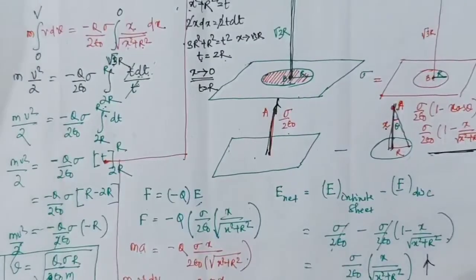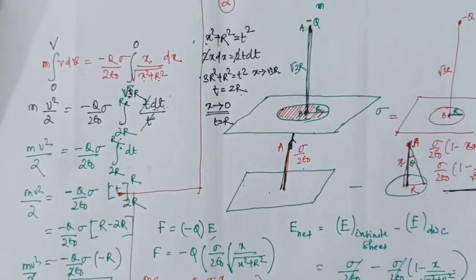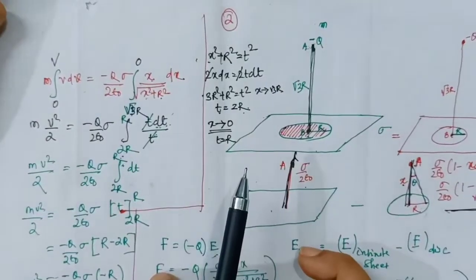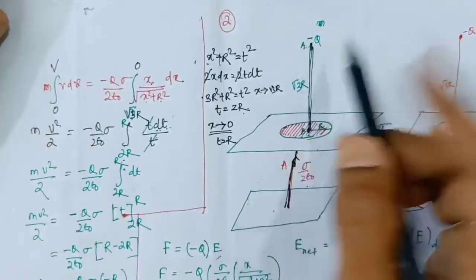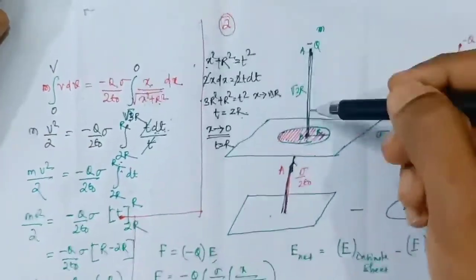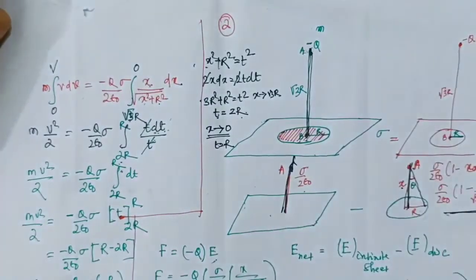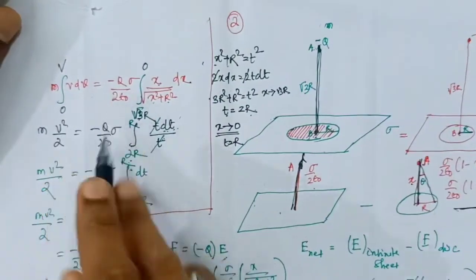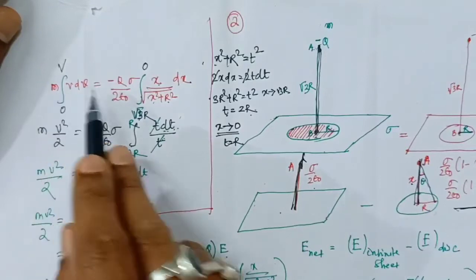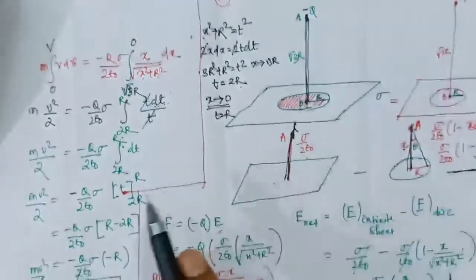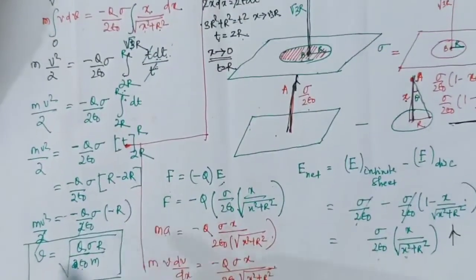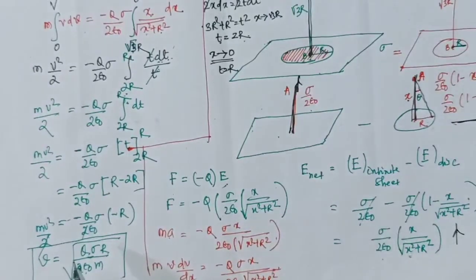And since this is a negative charge, if the field is upward, the force will definitely act in the downward direction. Using this concept, I reach this conclusion that mvdv equals like this. Doing the simple integrations and solving this question, I will find the expression of velocity, and this is the desired answer.